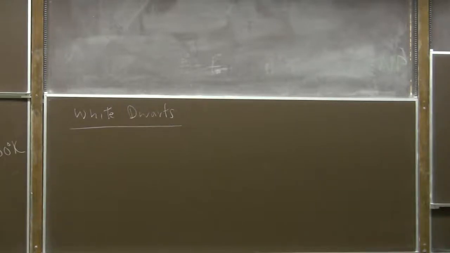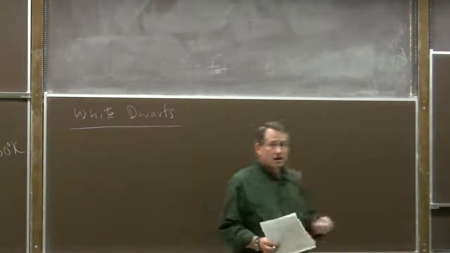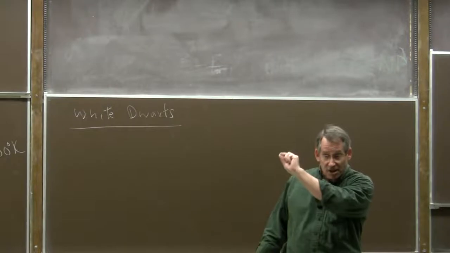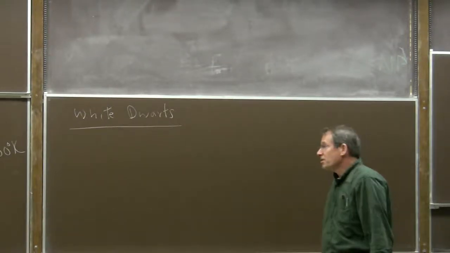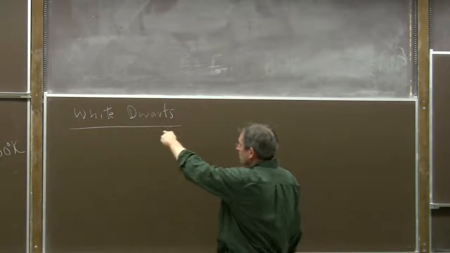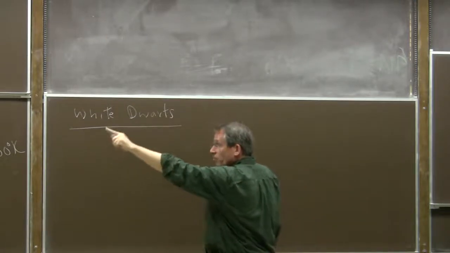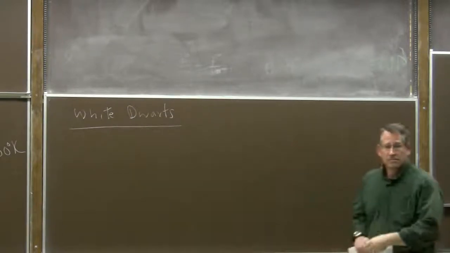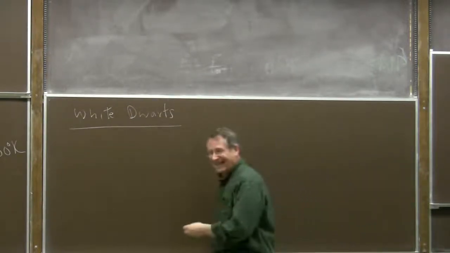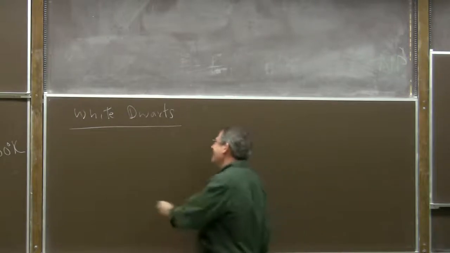astronomers looking at Sirius, a nearby star, like other nearby stars, it moves across the sky relative to the more distant stars, but it moves in a funny way. It wiggles. It doesn't go in a straight line. Why does it wiggle? That's right.